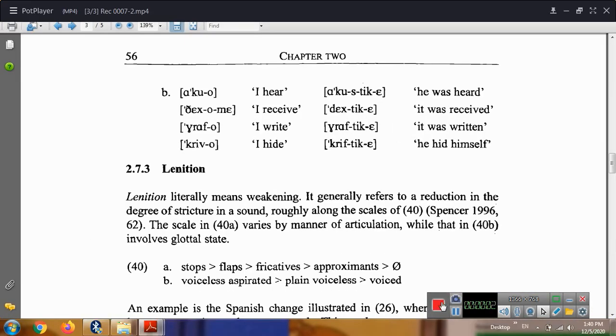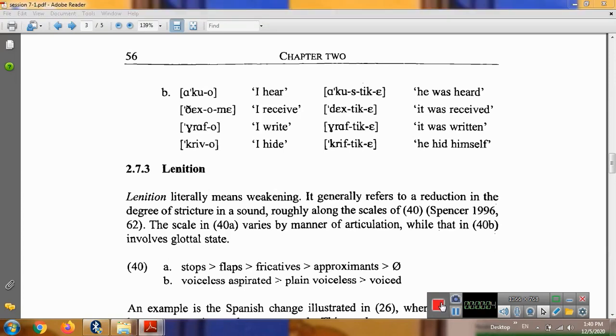Okay, we want to continue our discussion about lenition. Again, I give you a definition for lenition: lenition means weakening, which refers to the reduction in the degree of structure in a sound.